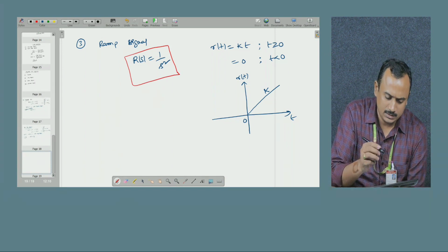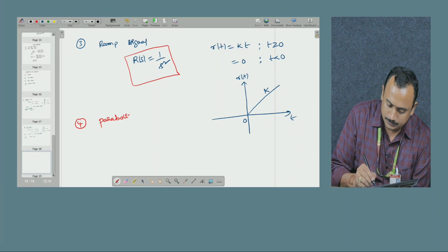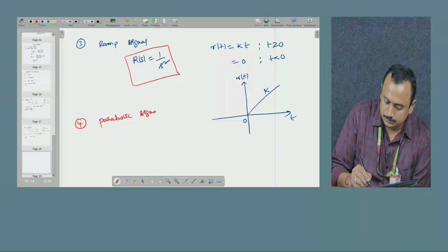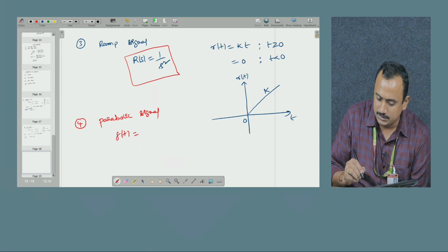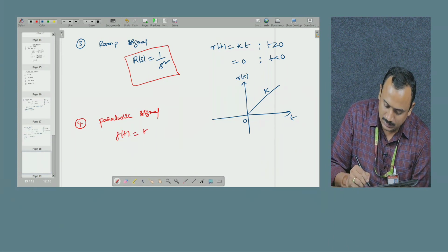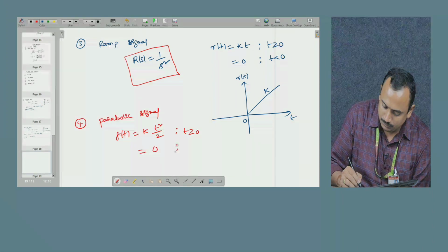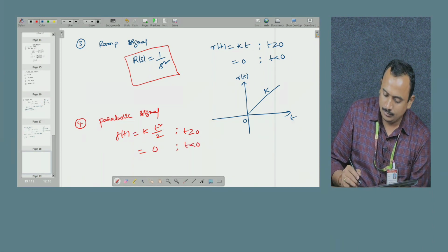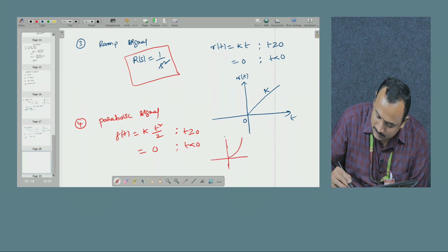Okay. Next, in a similar way for the parabolic signal, let us say that the parabolic signal is some g of t. G of t is equal to some k into t square by 2 for t greater than or equal to 0, and is equal to 0 for t less than 0. And the graphical representation is like this.